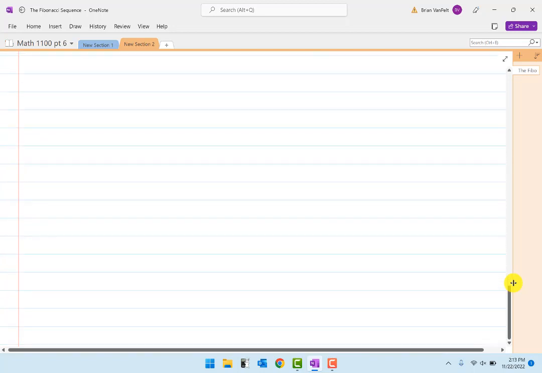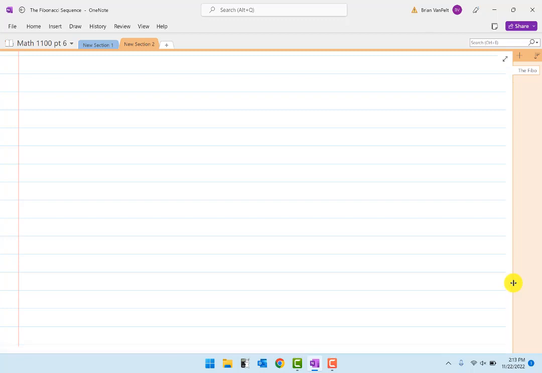One of the most tantalizing aspects of the Fibonacci numbers are when we start looking at this kind of a ratio, F sub n plus 1 over F sub n. Mathematicians have really been looking at that ratio to see if they can discover some very interesting things. So let's do a little practice with it.